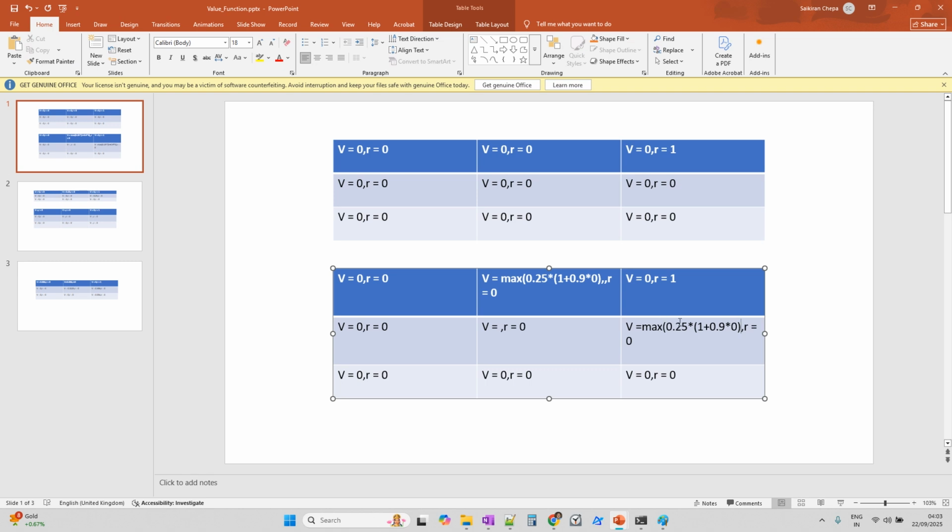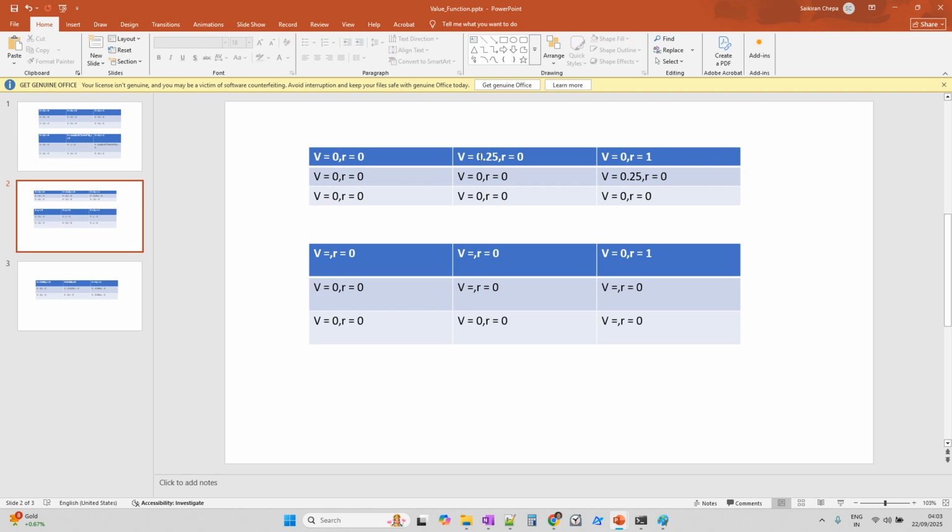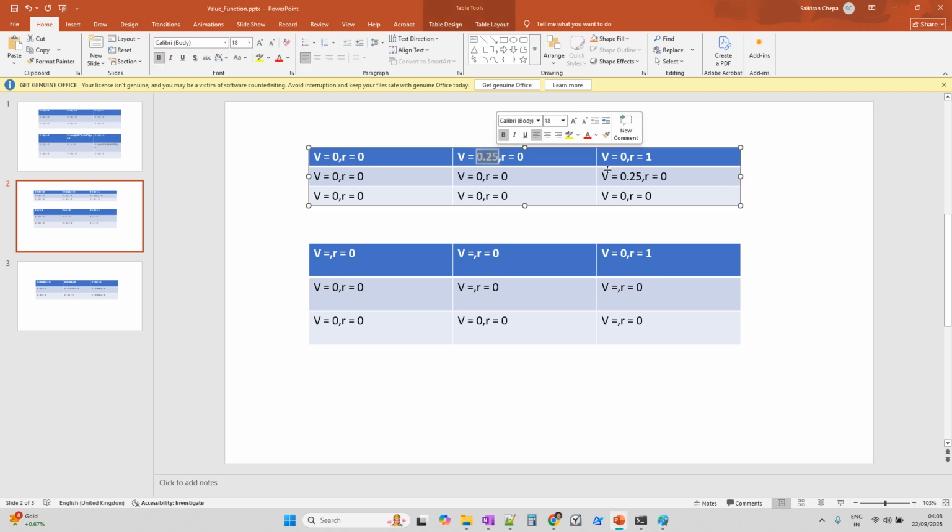Since he is going right, going left, going down, all those values are 0 initially, so nothing will come. So the max of this will be the same number. If you see, these are the values after iteration 1. This is 0.5. This is 0.5.